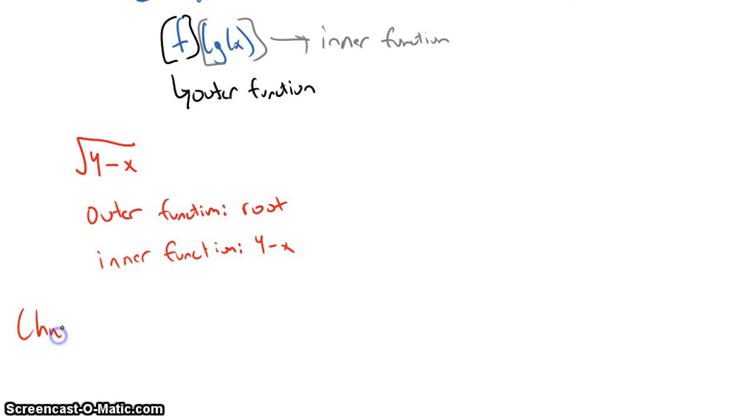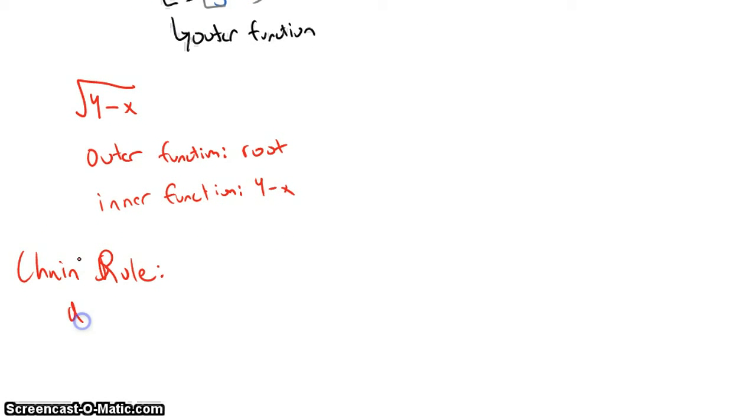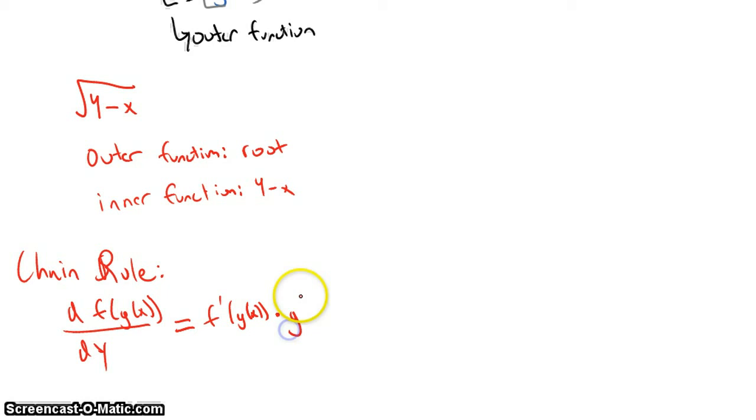The chain rule states that the derivative of a composite function, or f of g of x, with respect to x, is equal to the derivative of f of g of x times the derivative of g of x. But you're probably wondering, what the heck does this mean?